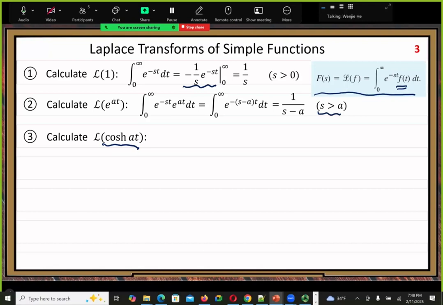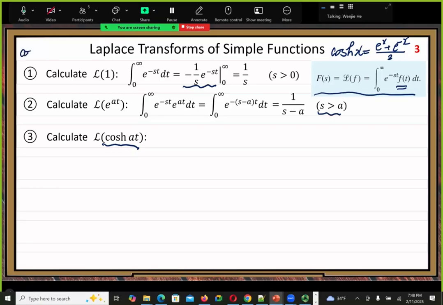The definition is this: the hyperbolic cosine of x is e to the x plus e to the negative x, over 2.